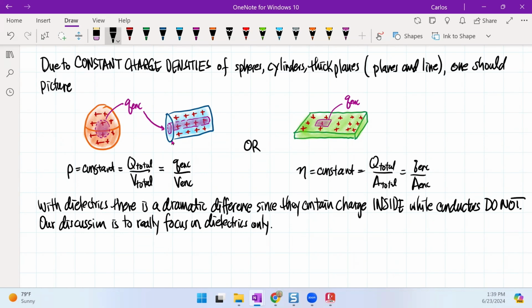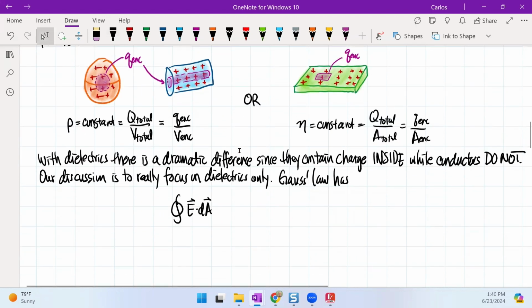So why are we doing this? Gauss's law has our flux, which is E dot dA, and this piece right here is, of course, step one. And we've already done that. So now if I look at the right side of Gauss's law, we have Q enclosed.